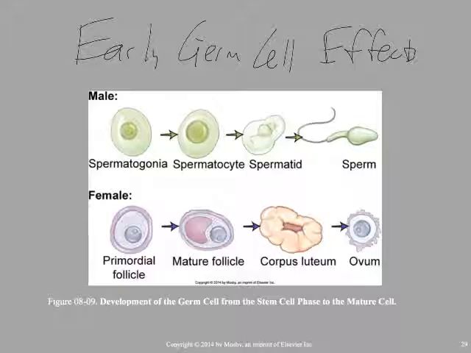And how do they function? Well, exactly like the early effects function for somatic cells, in that we have stem cell type things in these primordial follicles and spermatogonia, right? And anytime the testes or the ovaries are exposed to radiation levels over 2 gray or higher, we can start to see this effect, right?